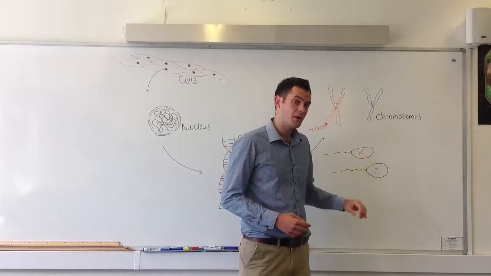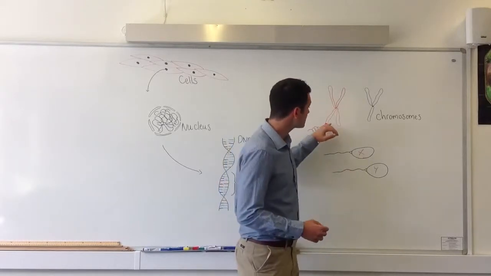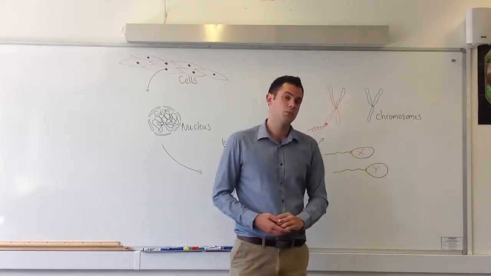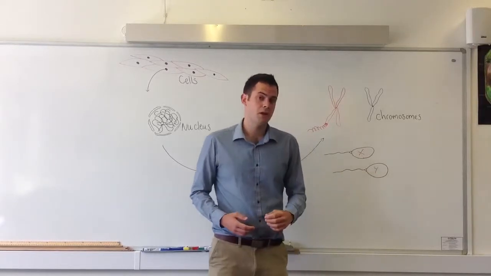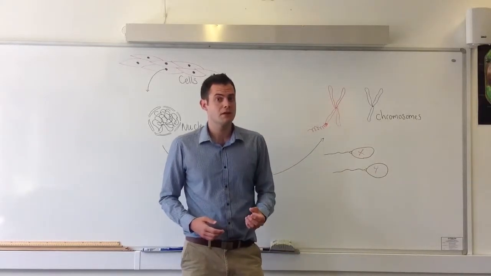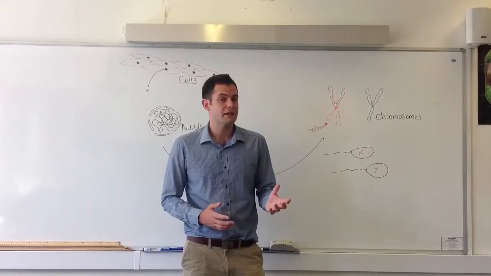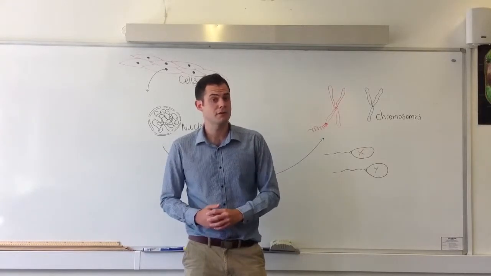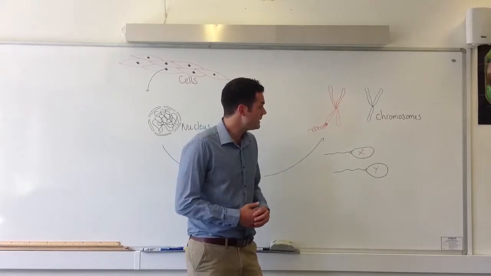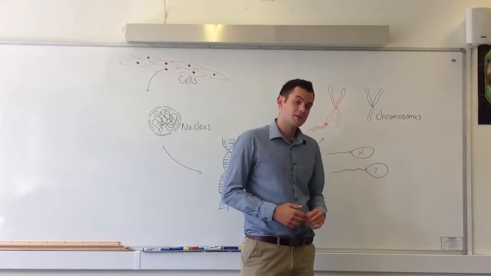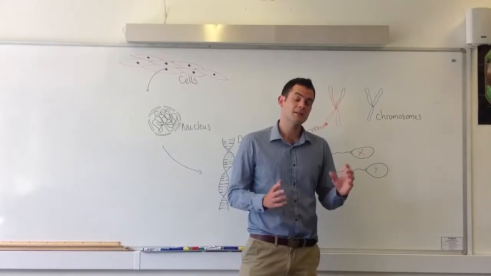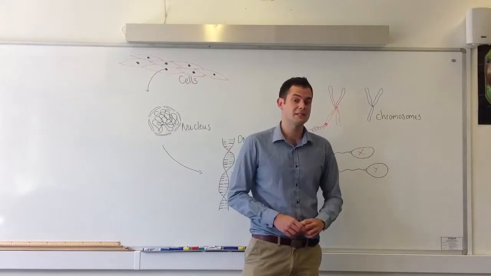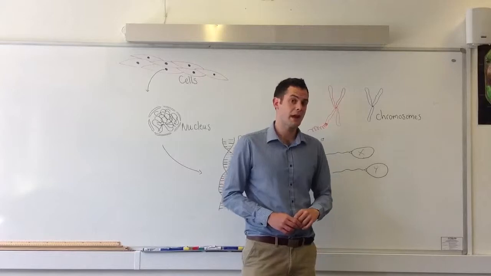When these two sperm cells were made, the X chromosome went to this sperm cell, and the Y chromosome went to this sperm cell. So already, the fact that you might be male or female is already being determined by which sperm cell reaches the egg first. Let's look at this in the form of genetic cross diagrams and Punnett squares.